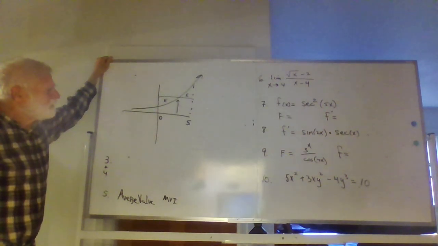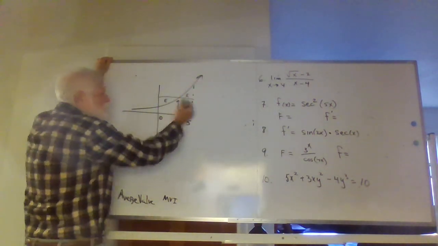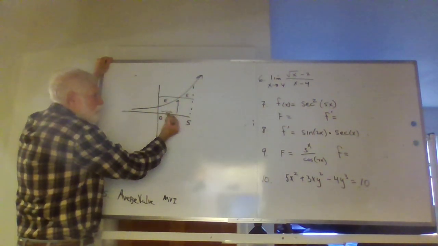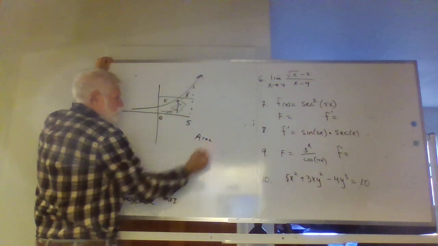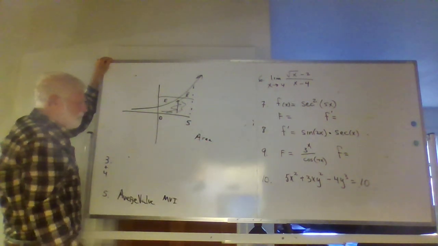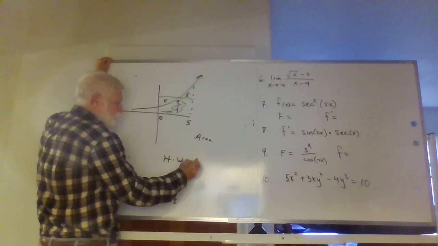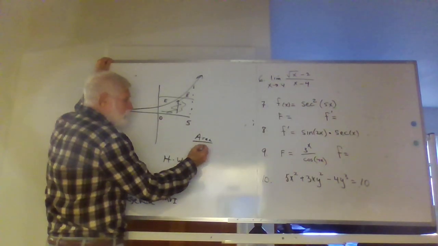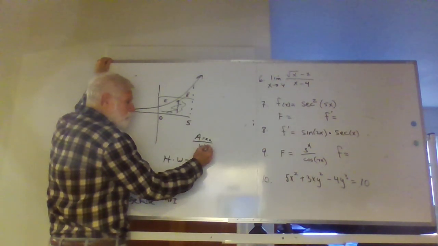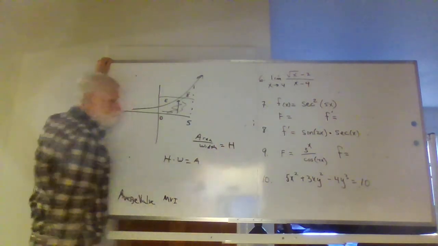All right? So let's just say that we had this function f of x. First off, it creates an area, yes? And how do you find height? Well, height times width equals area. Looks like if we divided the area by the width, we're going to get the height.